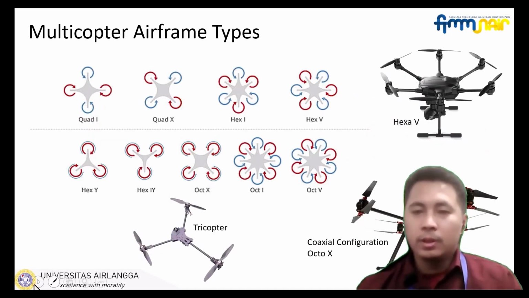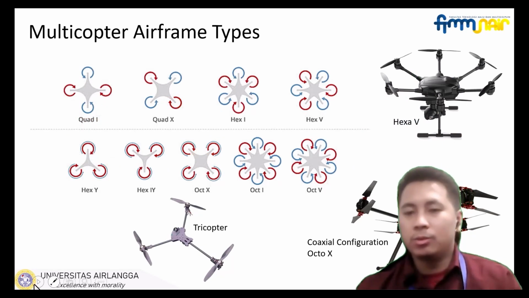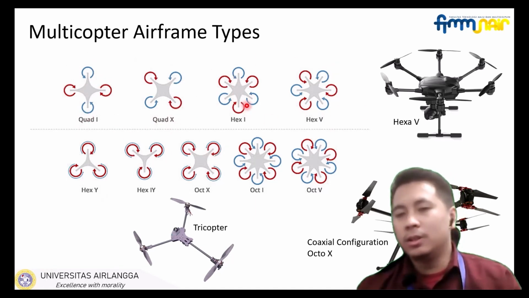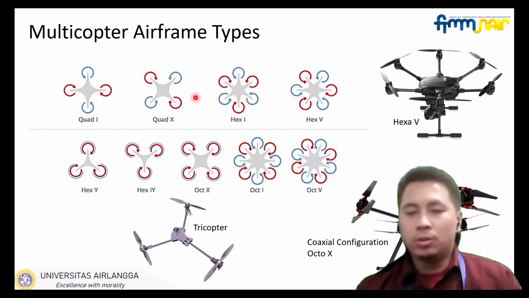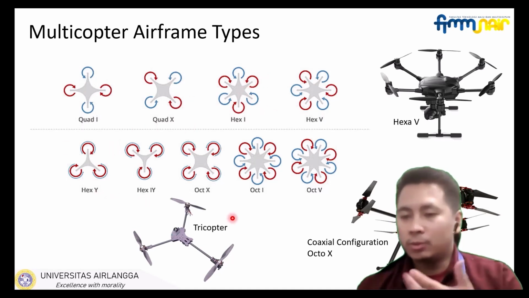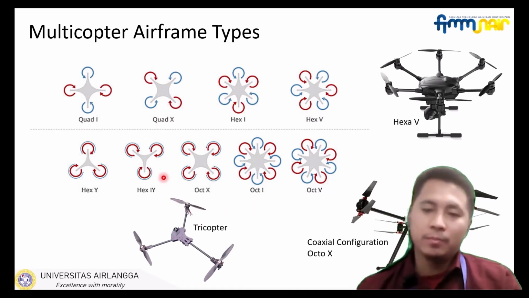And these are the airframes that are usually used in a multicopter. There is the quad, already mentioned before. There is the hexacopter, using six rotors, and there is also the coaxial configuration that I will explain on the next slide.